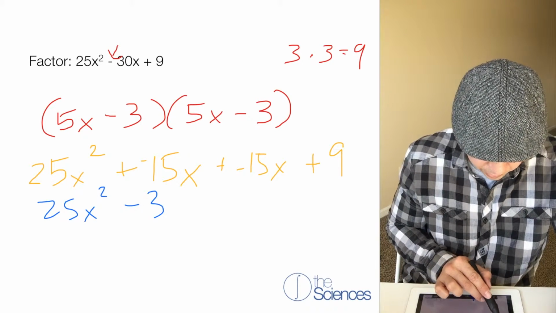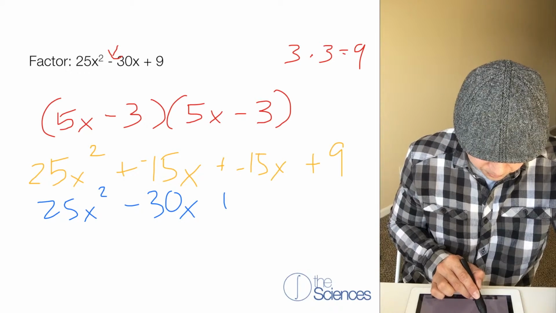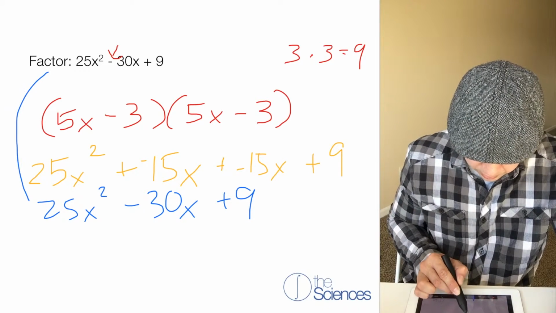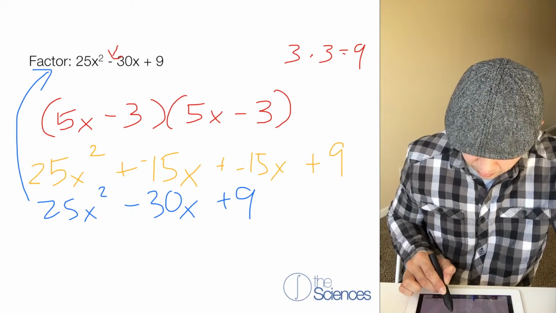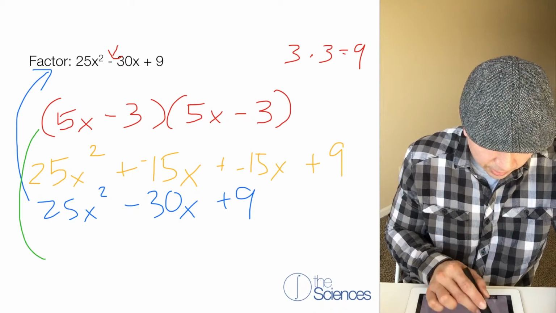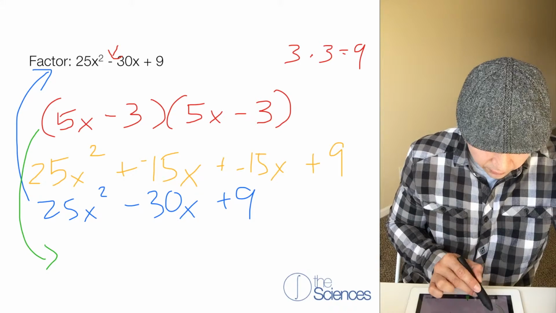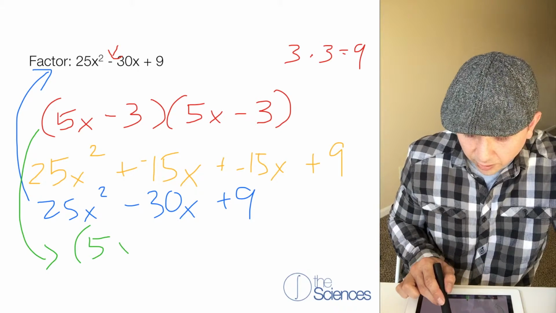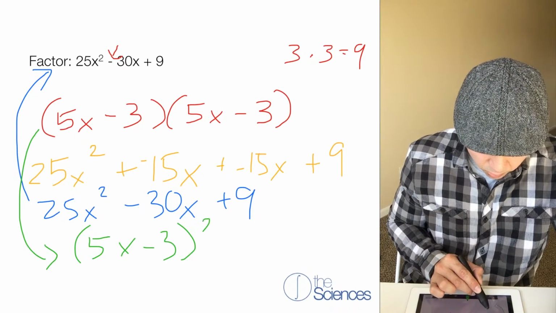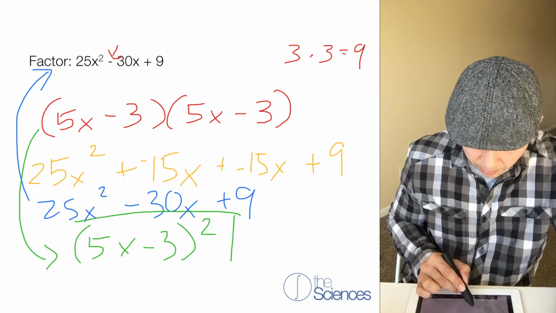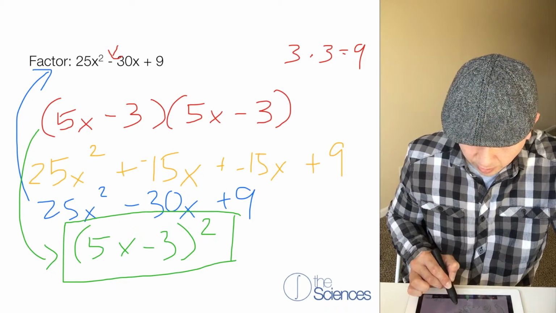So 25x squared minus 30x plus 9, which gives us the same answer. So that means 5x minus 3 times 5x minus 3, or 5x minus 3 squared is our answer.